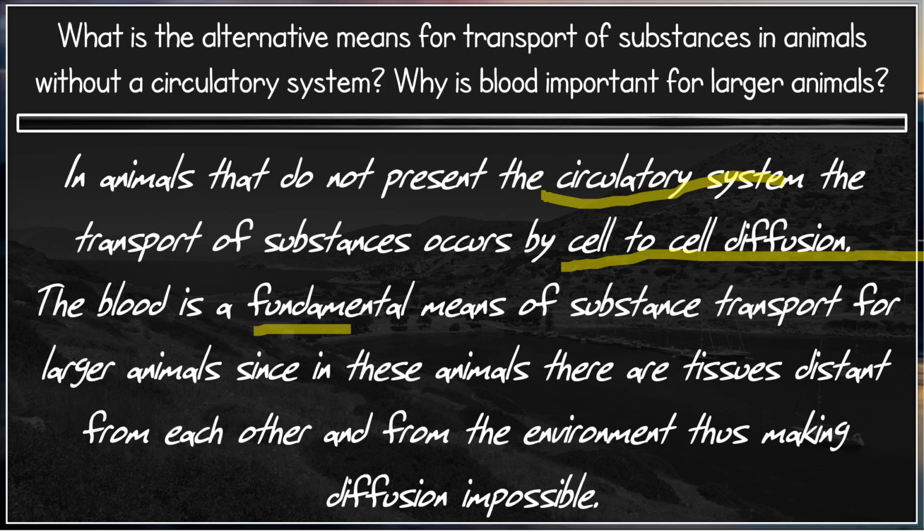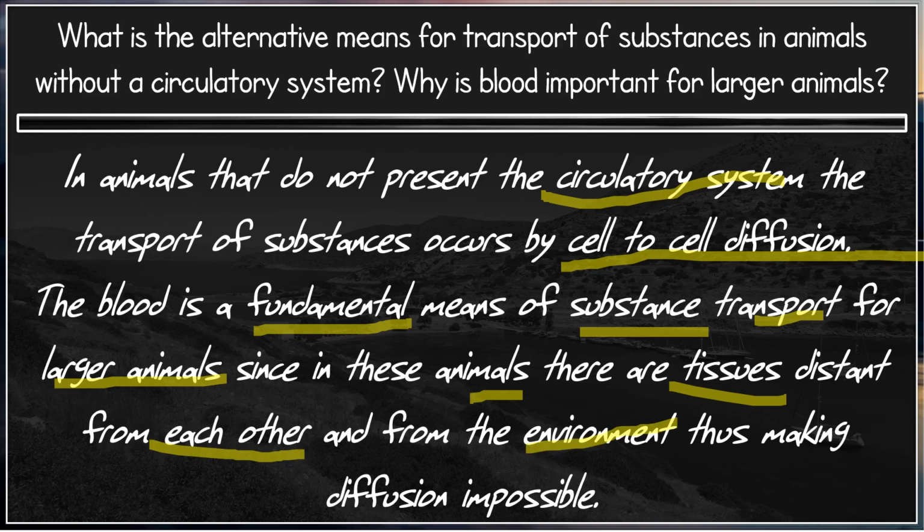Blood is a fundamental means of substance transport for large animals, since their tissues are distant from each other and from the environment, making diffusion impossible.